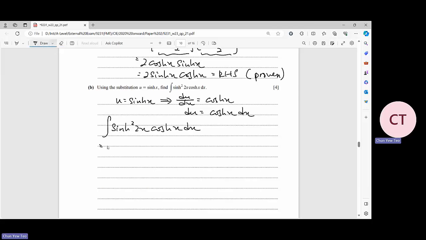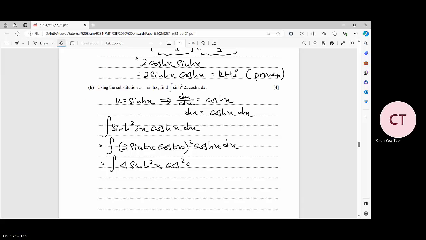So what I need to do here is use the result from part A. We know that sinh 2x is 2 sinh x cosh x, squared. Then it will get 4 sinh square x cosh square x, and then cosh x dx.